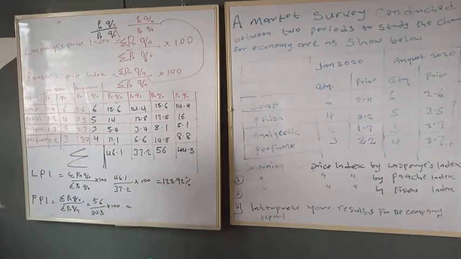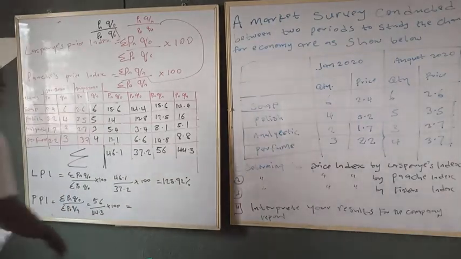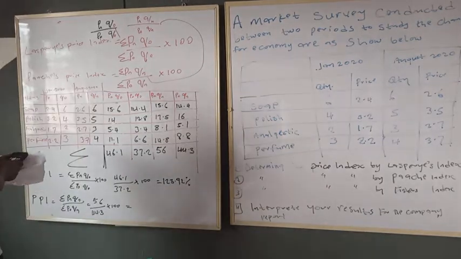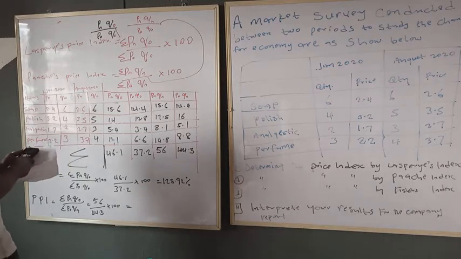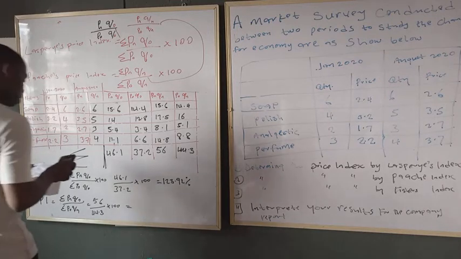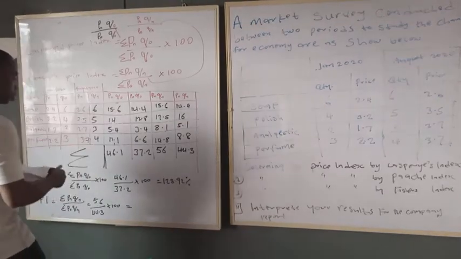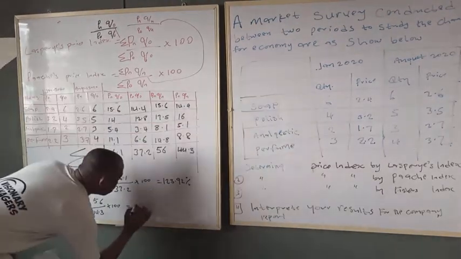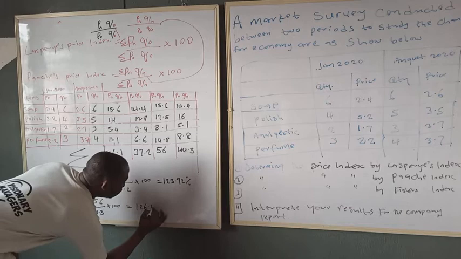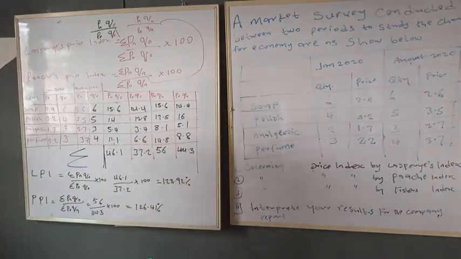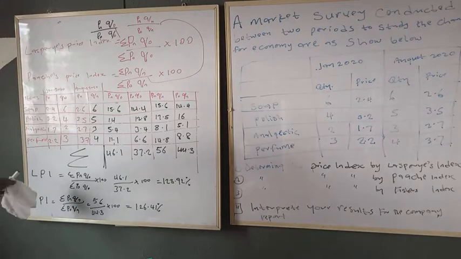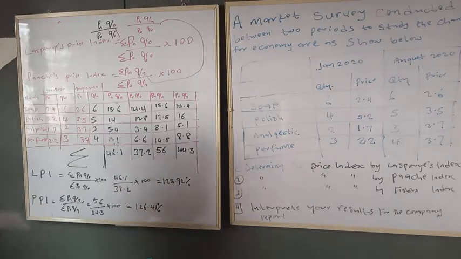So what do we get? 56 divided by 44.3 times 100. So we get 126.41%. So that is all about the Paasche price index. So we've answered those two.